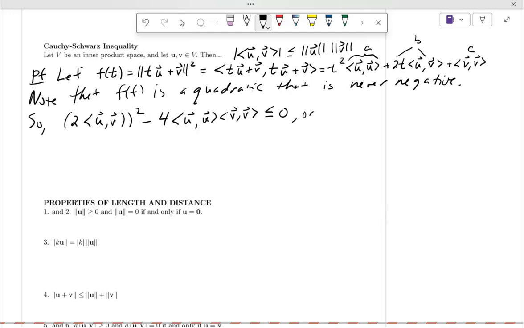I square both of these things, I'll get a 4 inner product squared, is less than or equal to 4 times. What's a better name for this, that I just underlined? Magnitude of u. Better name for this? Magnitude of v.